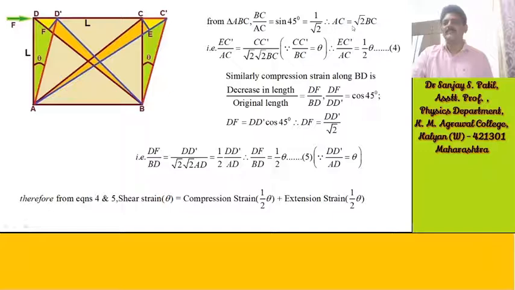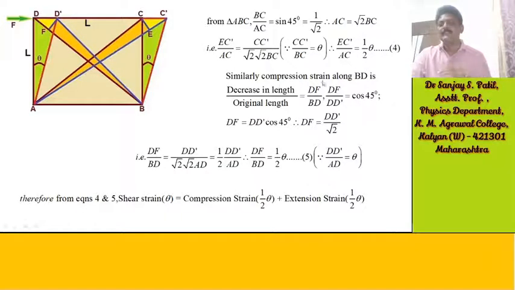Therefore AC is equal to root 2 into BC. That is, EC dash divided by AC is equal to CC dash divided by root 2 into root 2 BC. Since CC dash divided by BC is equal to theta, therefore EC dash divided by AC is equal to 1/2 theta. Suppose this is equation 4.